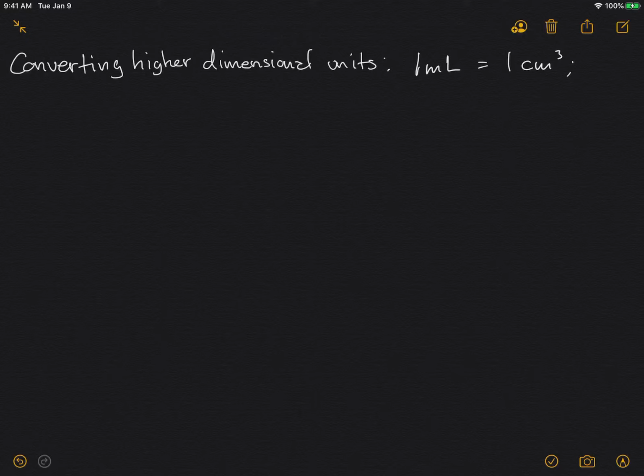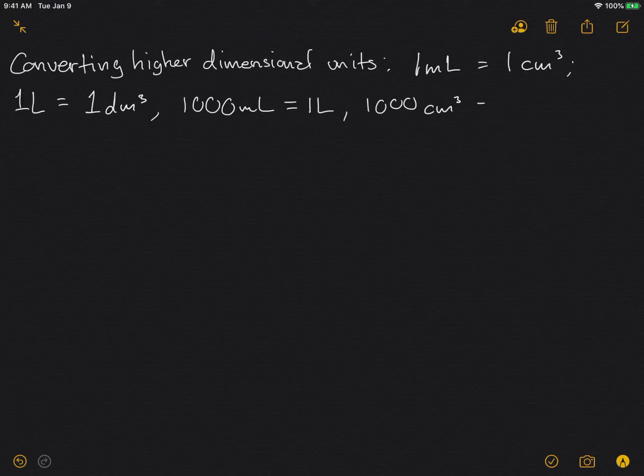If we have 1 milliliter equal to 1 cubic centimeter, then 1 liter should equal 1 cubic decimeter. Since we know that there are 1,000 milliliters in 1 liter, and if that is true, then we should have 1,000 cubic centimeters in 1 cubic decimeter.